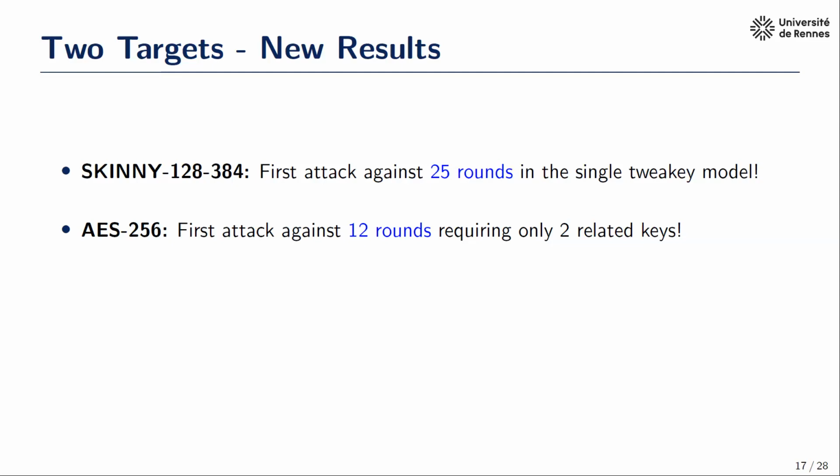And for AES-256, we obtained the first attack against 12 rounds in the related key model, which only requires 2 related keys. You may know that there is a related key attack against full AES-256, which is a boomerang attack, but it requires 4 related keys. If you restrict the number of allowed related keys to 2, that's the best known attack, and the previous best one was 10 rounds.